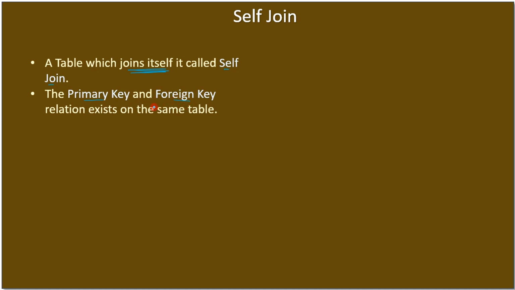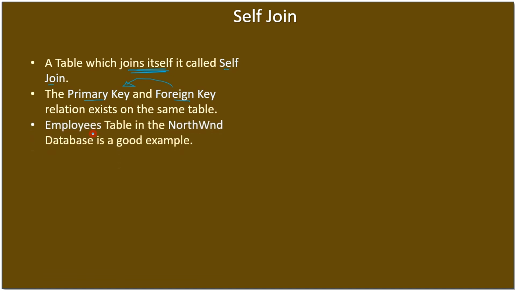But if you see there is a primary key and foreign key, and the foreign key refers to some column in the same table, then that's a good candidate for a self join. So the employees table in the Northwind database is a good example to perform self join. Let's use that table to explore the self join, and it will make you understand what's the need for self join.